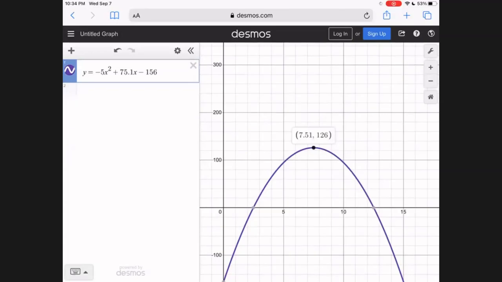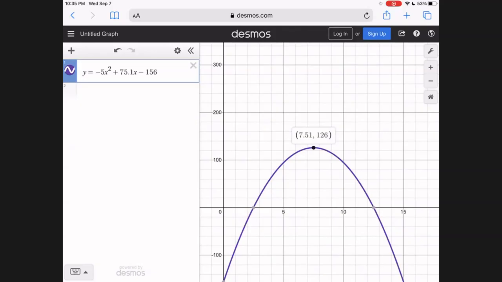So we get that the max profit is around 126 million, okay? And the 7.51 is the amount of cameras. So I don't need to sell 7.51. Remember, this is how many millions of cameras I need to sell to make the highest profit.